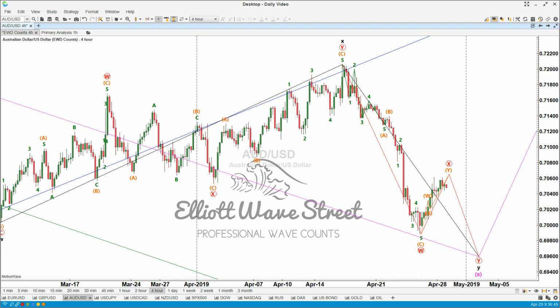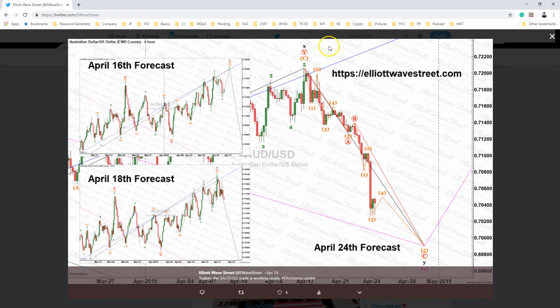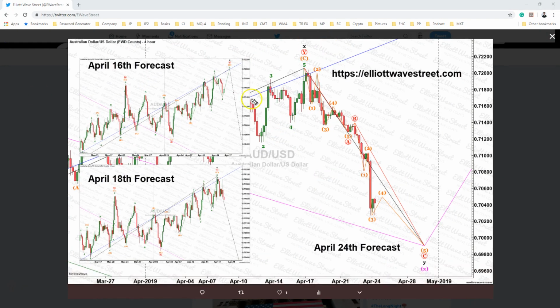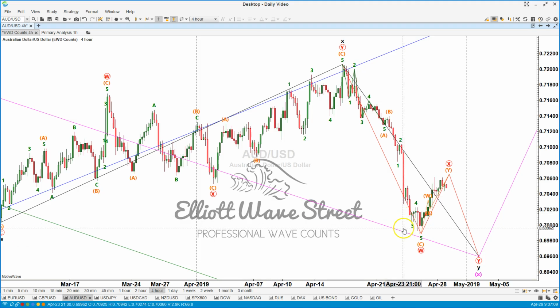We posted the chart last week on Twitter and Facebook. So that was the forecast for the wave X. Here we find the X, the end of the wave X. This was last week, once the trade started, and now we are at these lows on the live market.